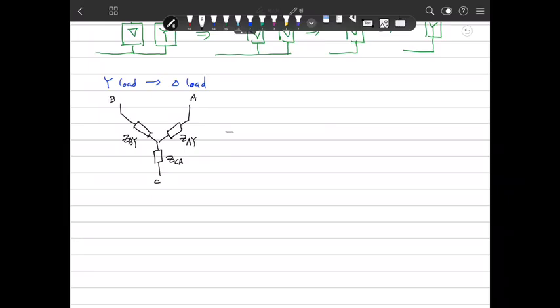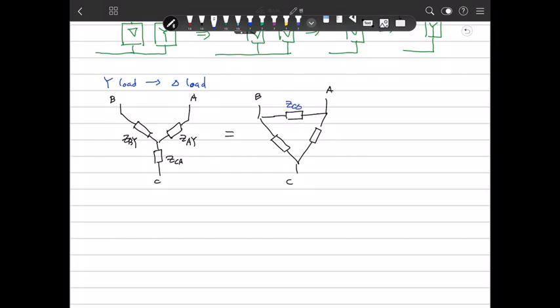Then we can transfer that to a delta, like that. This is A, this is B, and this is C.